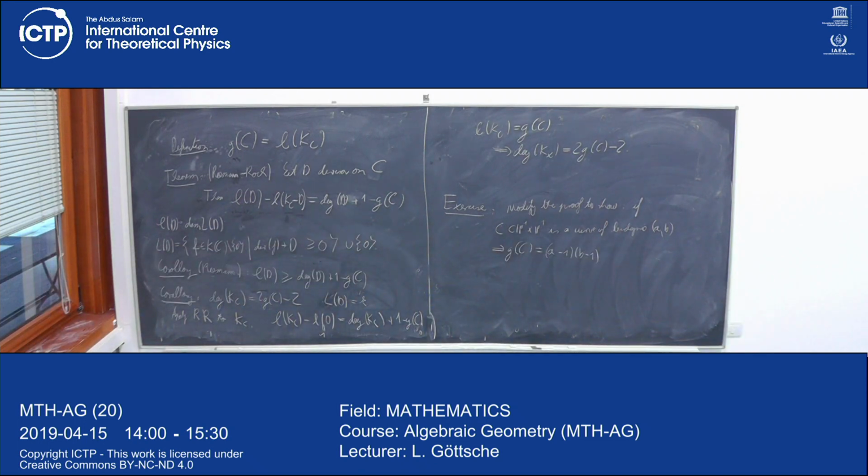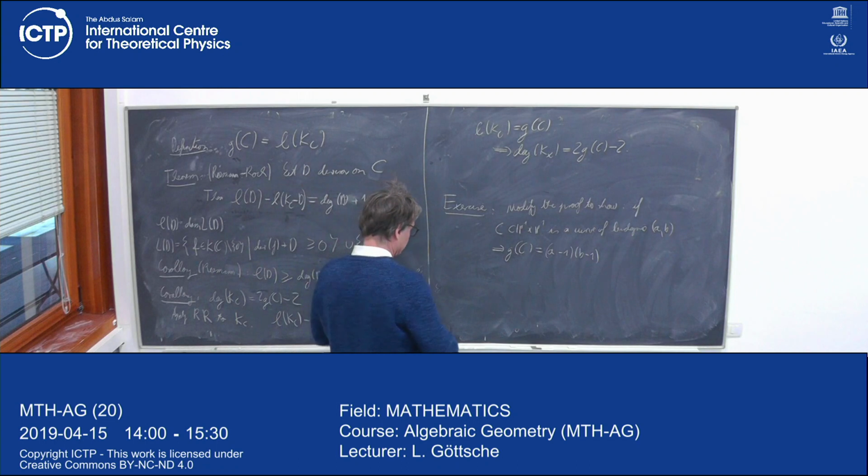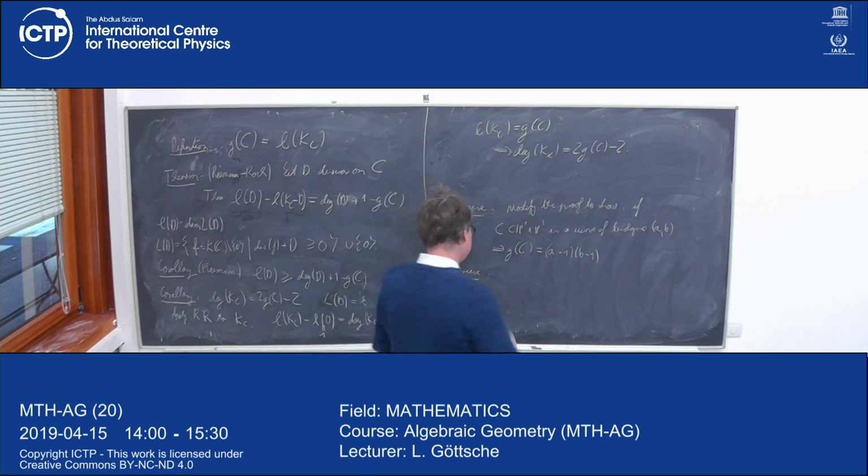Now I could also tell you about elliptic curves, but maybe I will not. One can quite easily deduce from this that there's a bijection between, maybe I will just say it. It's easy to check, I call it an exercise.